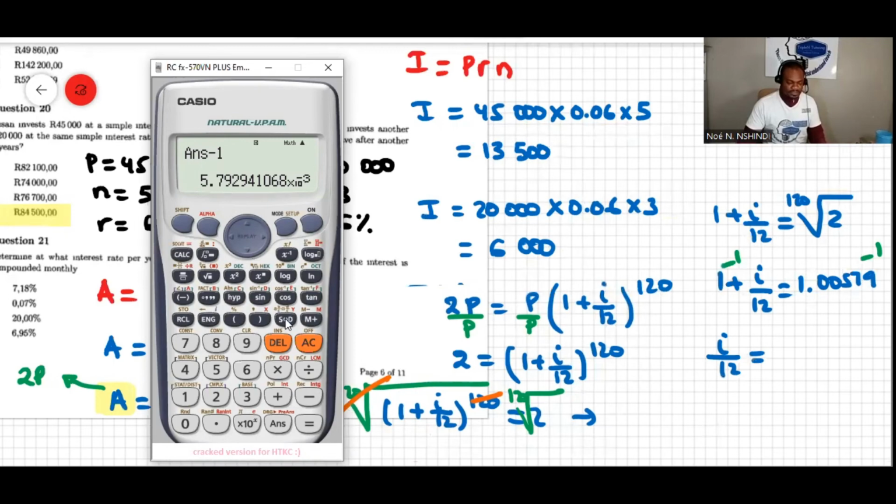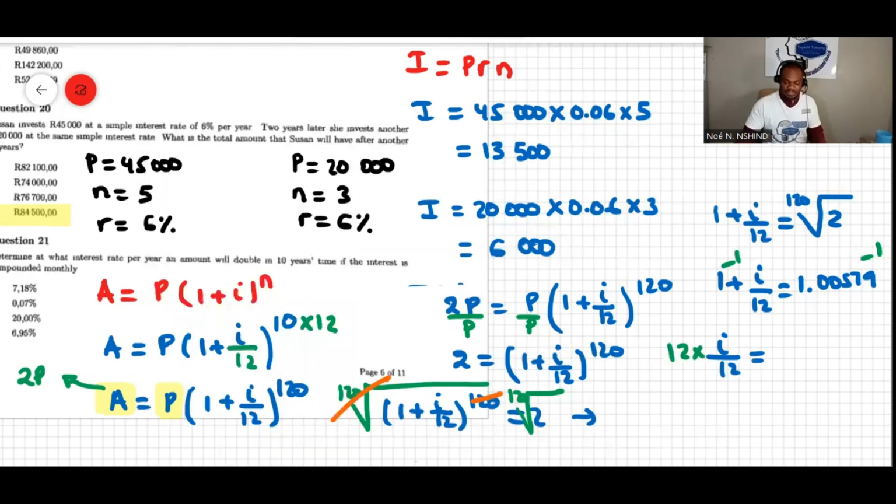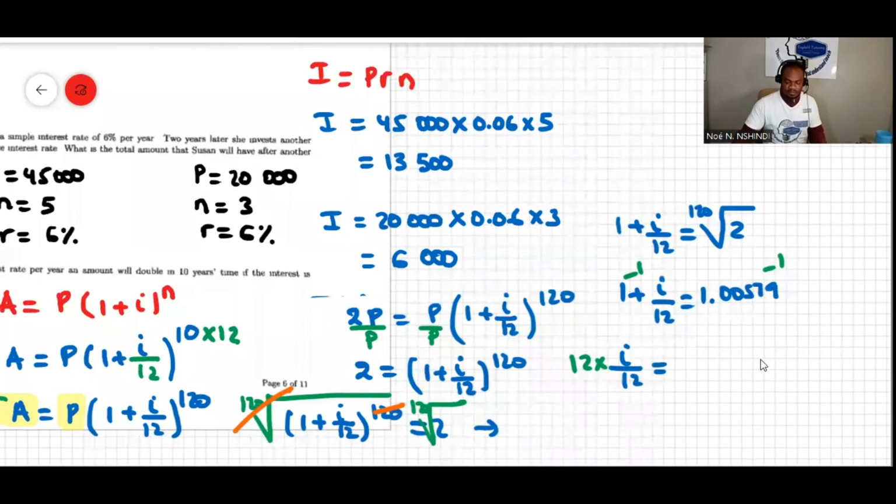Let's press S to D. Now, to get the value of i, I must multiply this answer by 12, because I divided by 12 before. Whatever I got when I subtracted 1, I multiply here also by 12.